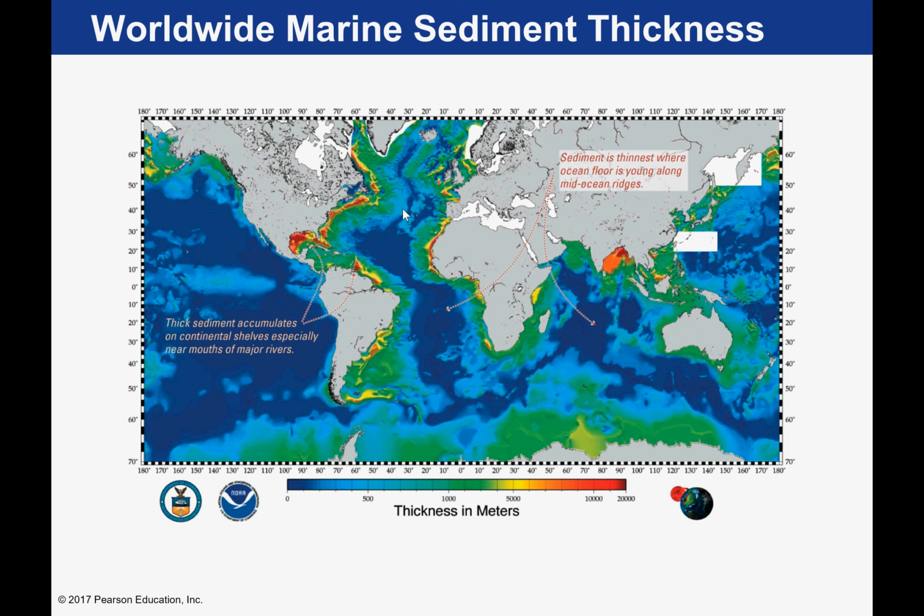And that's because sediments accumulate really slow in the deep ocean. Also, in these areas, seafloor is constantly being created, so there hasn't been enough time for sediment to accumulate on top of it. So as the seafloor ages, it moves further away from the mid-ocean ridge or the center, and it gets progressively older and also has more sediments that pile on top of it.